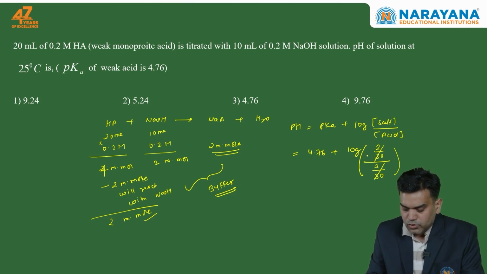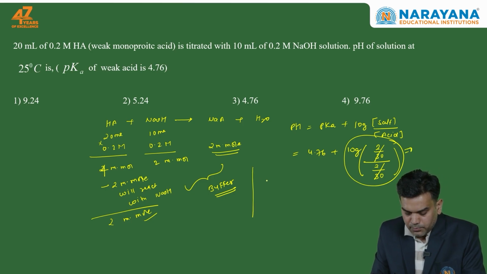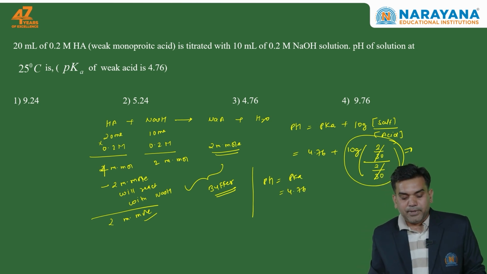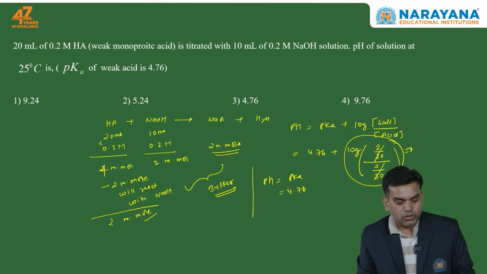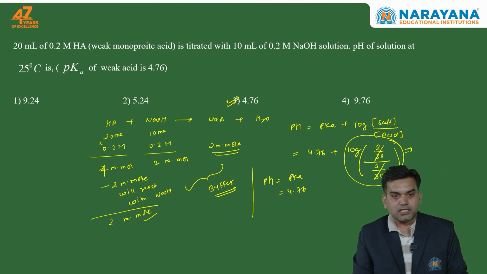So this will be log 1, and log 1 is equal to 0. So pH will be equal to pKa, that is 4.76. So in this case the pH of the solution is 4.76. This should be the answer.